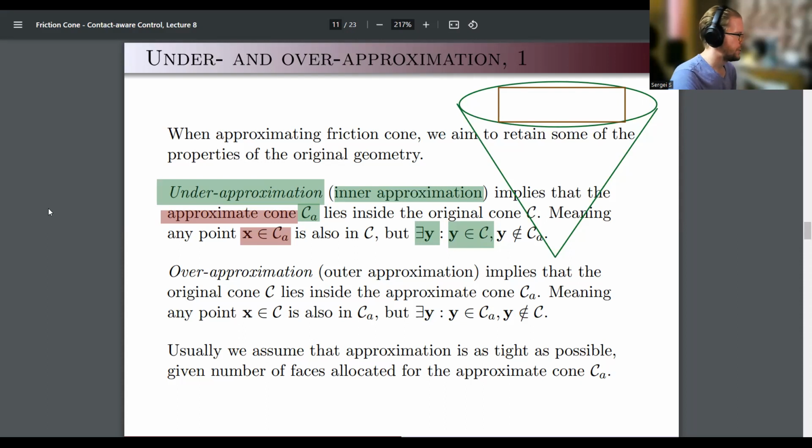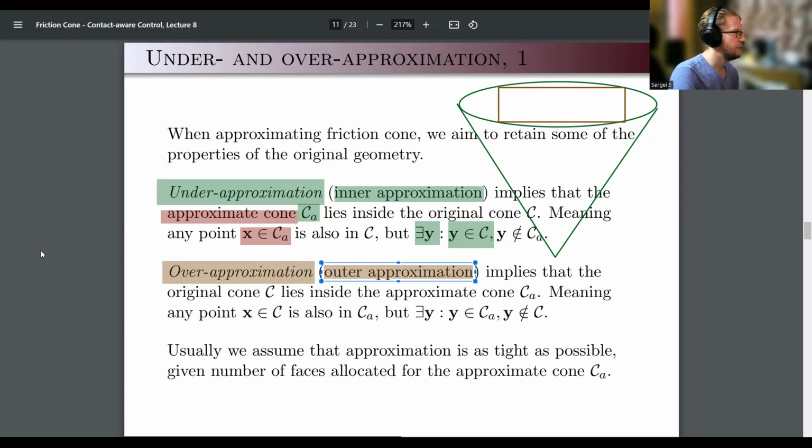Now over approximation, or outer approximation, is when the original cone lies inside the approximated cone. Meaning that any point in the original cone is also inside the approximated cone, but there are points in the approximated cone which are not part of the original.